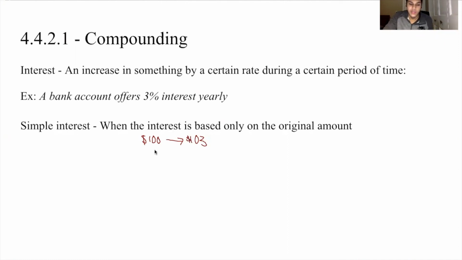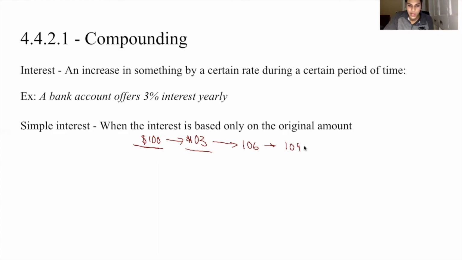With simple interest, instead of finding what an additional 3% is of this 103 that I ended up with after 1 year, after 2 years, I would add another 3% to the original $100. So I'd add another $3 and that gets me to 106. And then after 3 years, I add another $3 and that gets me to 109. So any money that you earn from interest doesn't get included with simple interest.